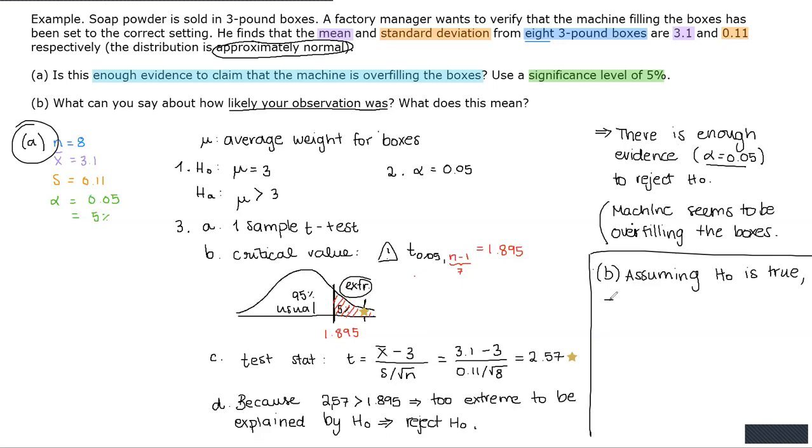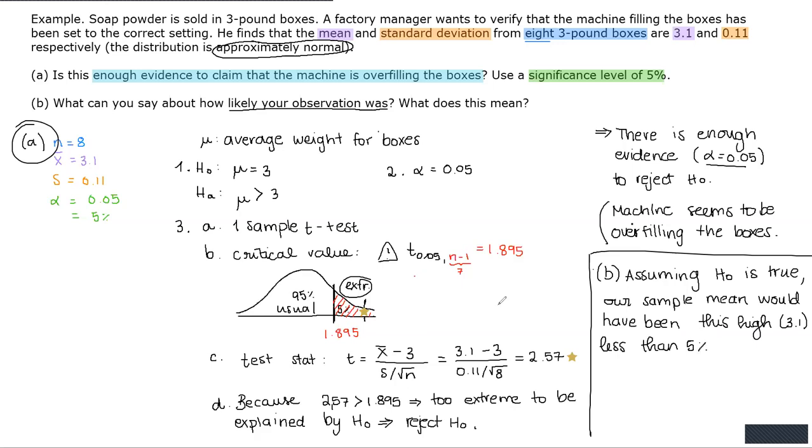So our result, or a sample mean this high, so that means a value of 3.1 or higher, would have occurred less than 5% of the time.